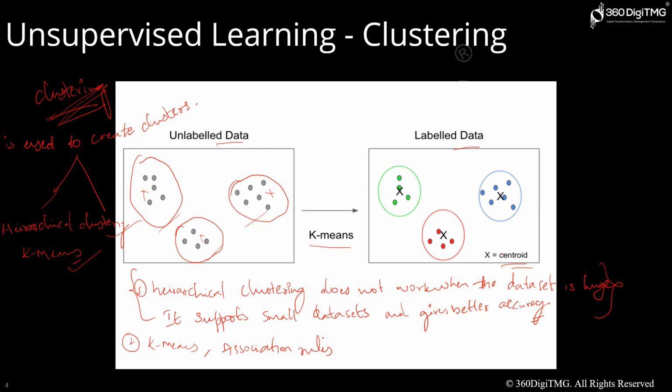The other is text mining. These are the main unsupervised techniques. So for now, let's see the K-means cluster.